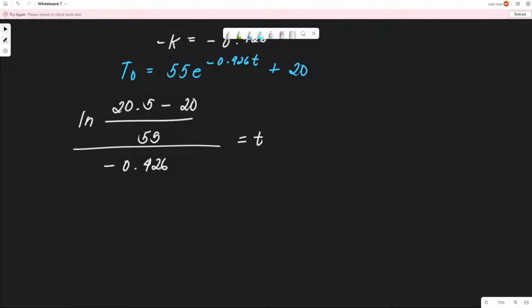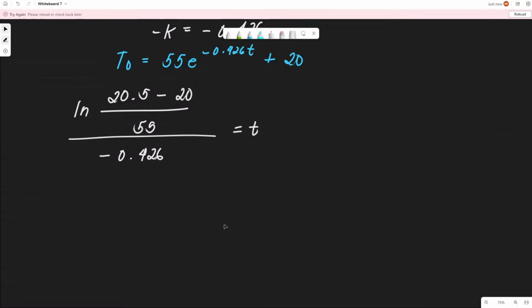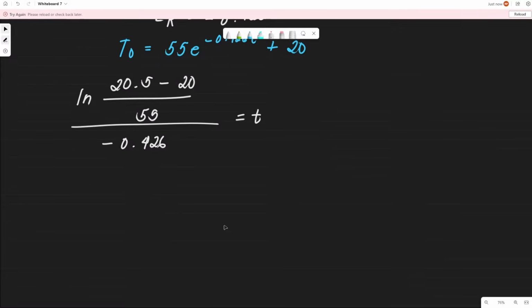Just plain algebra, with a little ln e property.